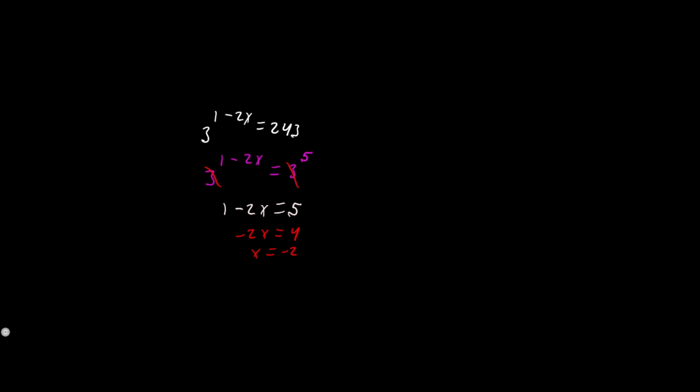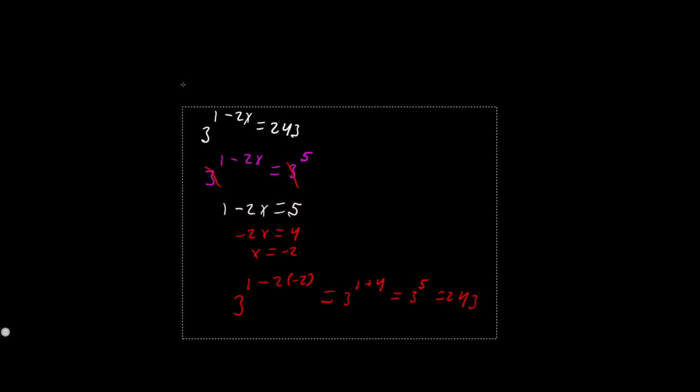So we go ahead and verify that. I have 3 to the power of 1 minus 2 times negative 2, which gives us positive 4. So 3 to the power of 1 plus 4, which is the same thing as 3 to the power of 5, which gives us 243. So that is our second example.